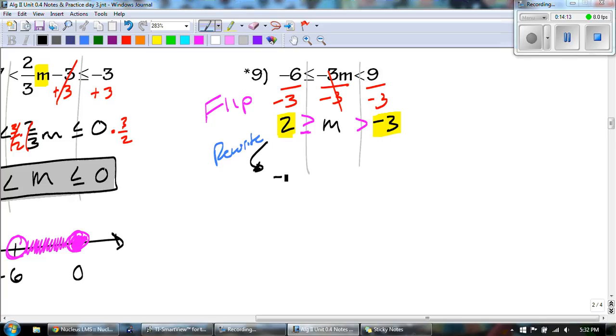So when I rewrite, the -3 goes here, then my m, and then my 2. Between the m and the -3, it is pointing at the -3. Oops. And between the 2 and the m, it is not only pointing at the m, but it's also less than or equal to. Okay?